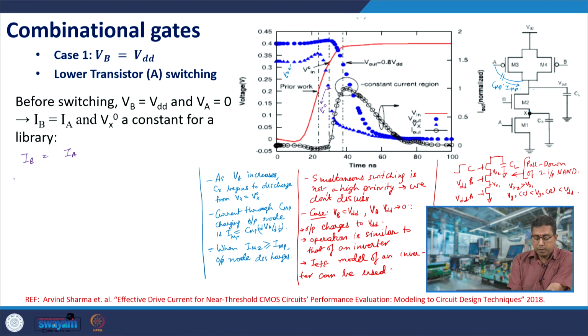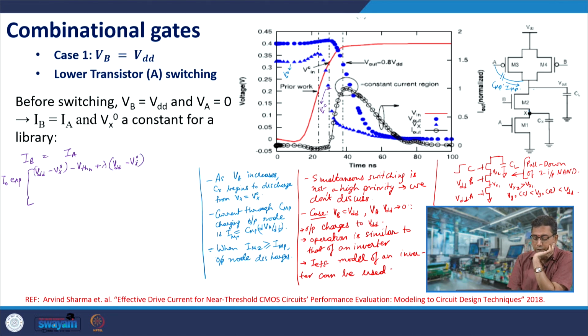So, it means I naught exponential of VGS of M2, which is VDD minus Vx naught, minus VTHN plus lambda, which is the DIBL factor, into Vout, which is VDD again, minus Vx naught, the source voltage of M2.